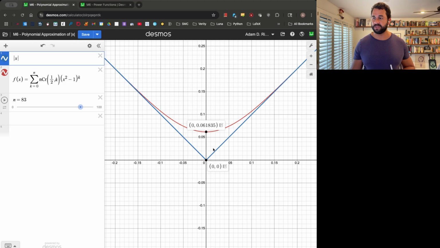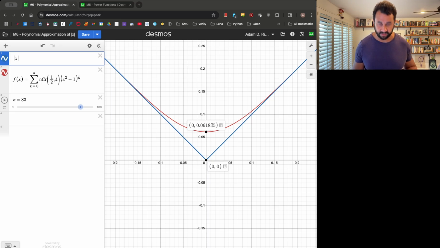At 0, absolute value of x is equal to 0, but this function at 0 is equal to 0.061835. So there's an error associated with this polynomial approximation. And that error is basically the difference between 0 and this number, right? That is what the Weierstrass approximation theorem says.